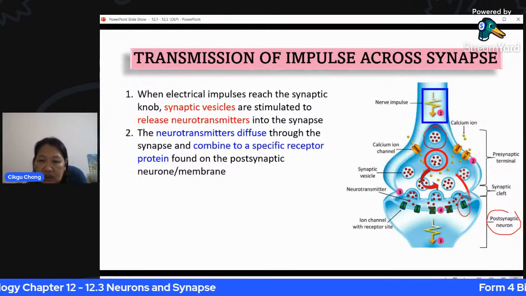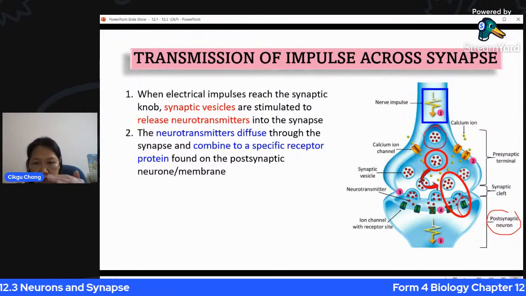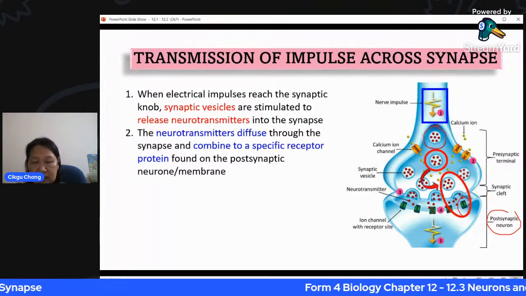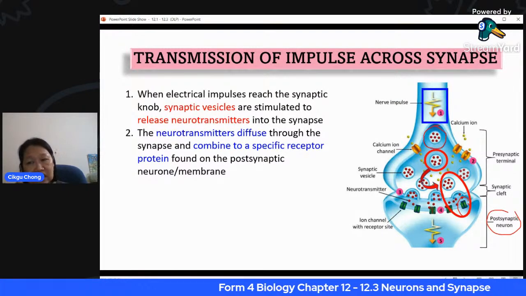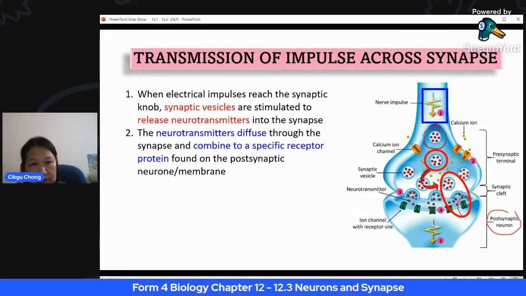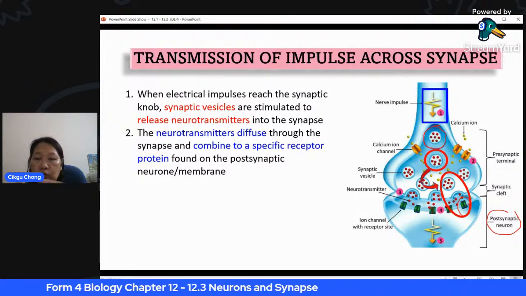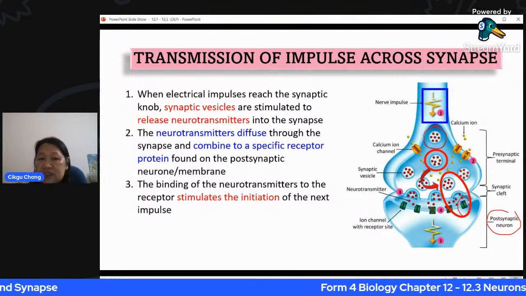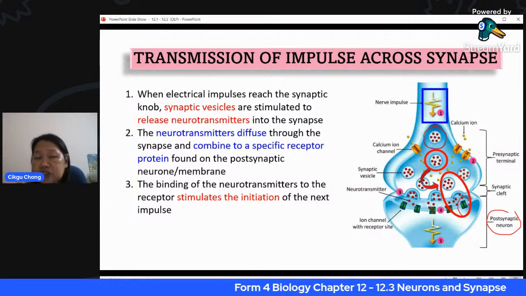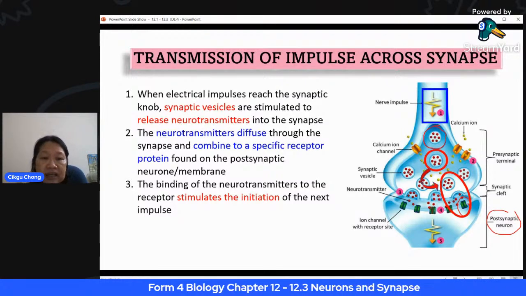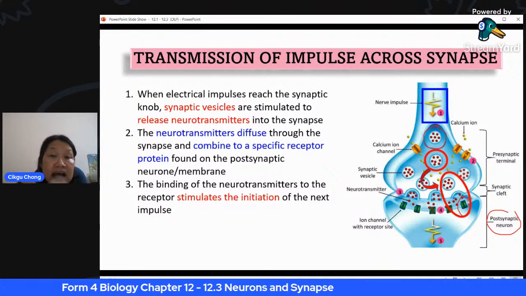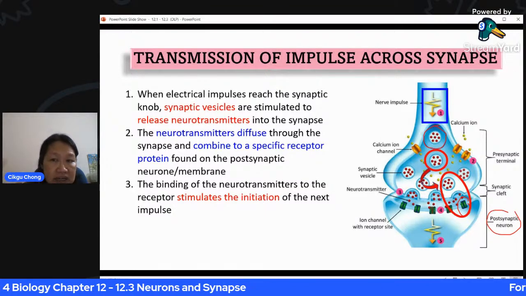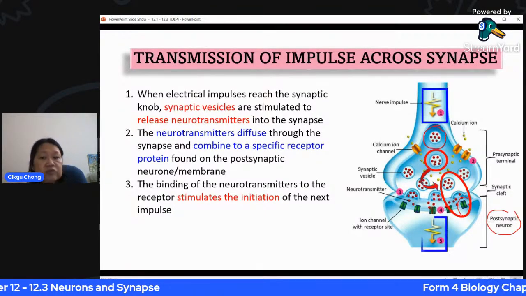So now this is what happens. The chemical will go to what we call the receptor protein. And once it is accepted, the binding of the neurotransmitters to the receptor stimulates the initiation, that means the starting. So the impulse will start again. Just now it was electrical; now you can see here it turns back to electrical.